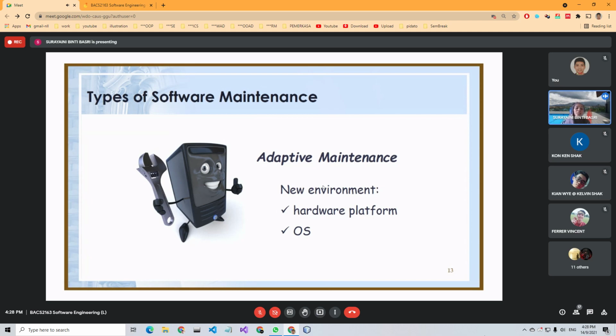Corrective maintenance is any change to the system because of bugs or errors.